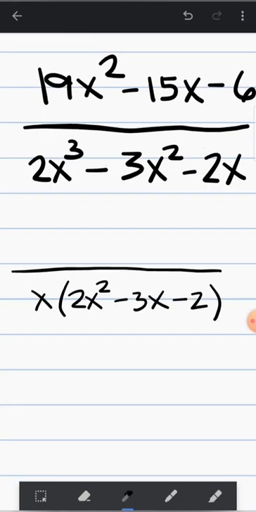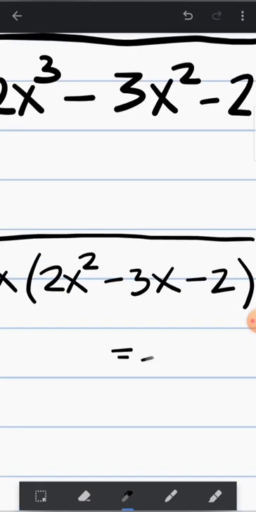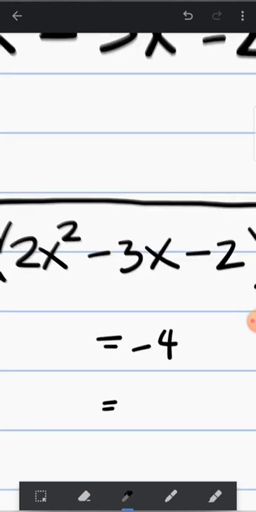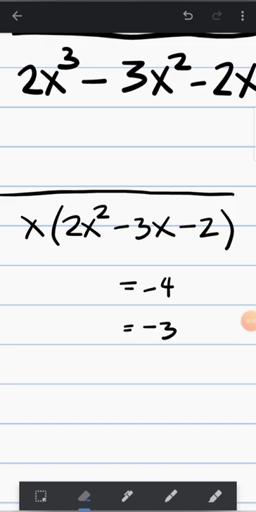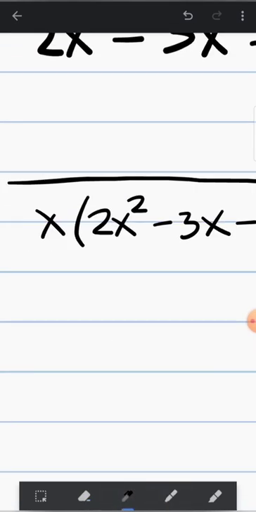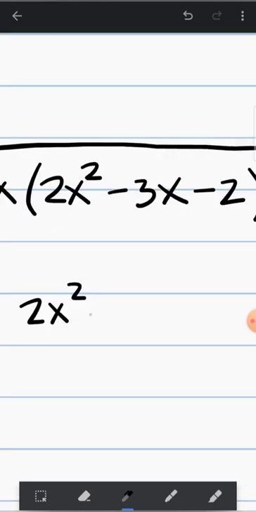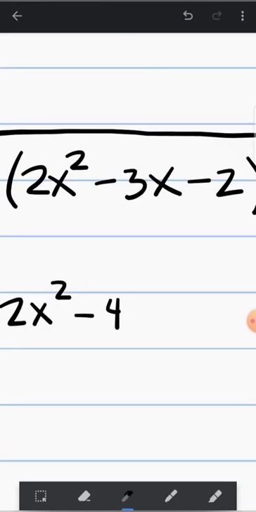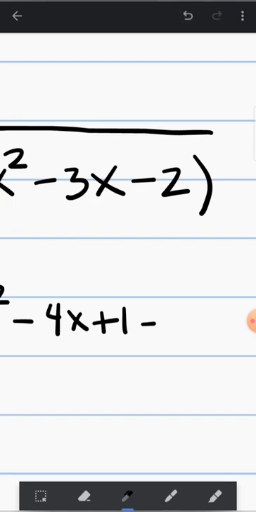Then by the use of the AC method, let's find two numbers that if we multiply together we get negative 4, and if we add we get negative 3. Those numbers are negative 4 and positive 1. So we can break this down as 2x squared minus 4x plus x minus 2.